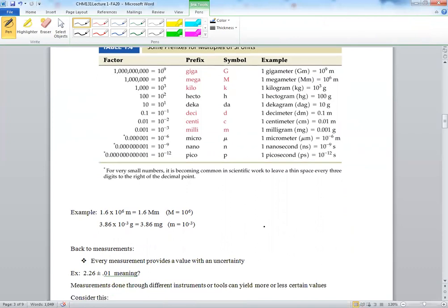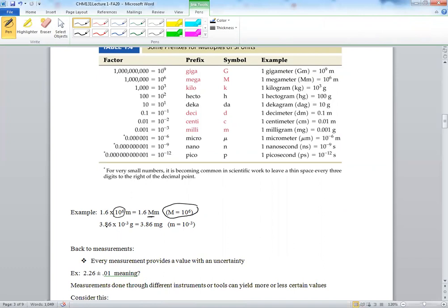So if you look at the examples down here, if I say 1.6 times 10 to the 6 meters, well, over here, this 10 to the 6 means mega right here. So the relationship is shown right there.